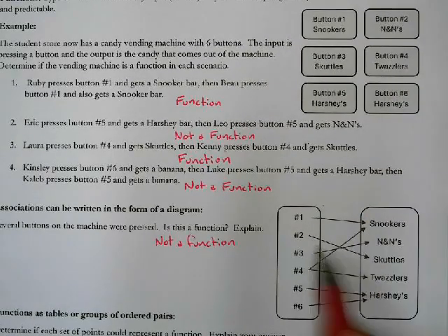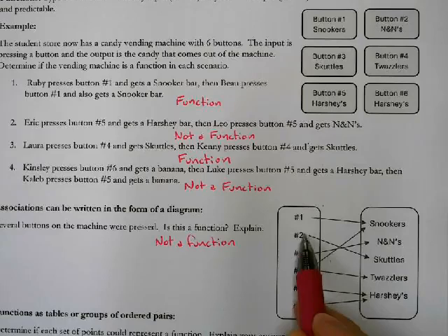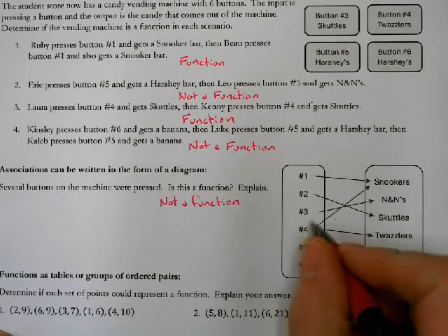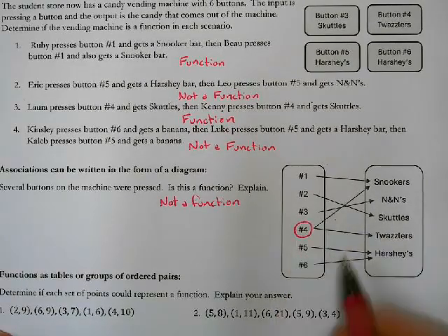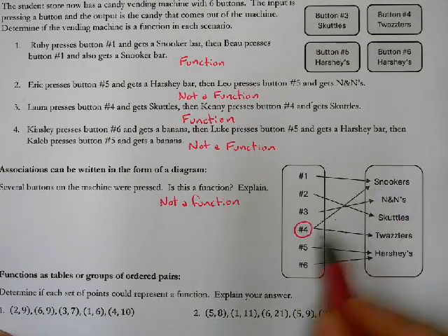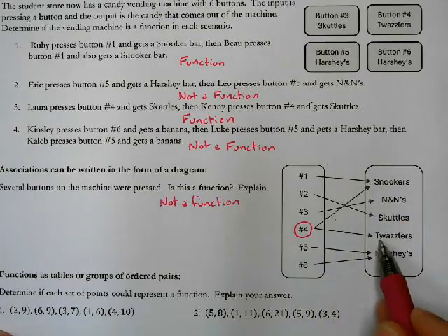But they got Skittles. But that's fine, because they only pressed button 2 once. What makes this not a function is button number 4. Button number 4 was pressed once and a Snickers bar came out. Then it was pressed a second time and Twizzlers came out. So button number 4 is going to be the button that makes this not a function.